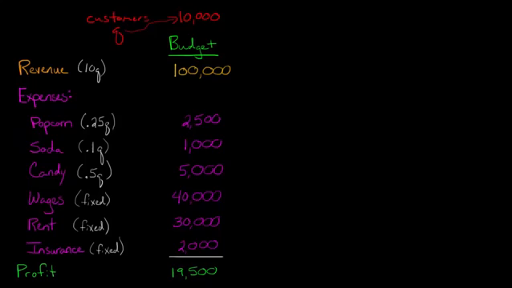Now, this is all old hat. We've done this before, but what if this Q changes? What if this Q were 12,000? Now, you might say, hey, we'll just come up with a different budget.